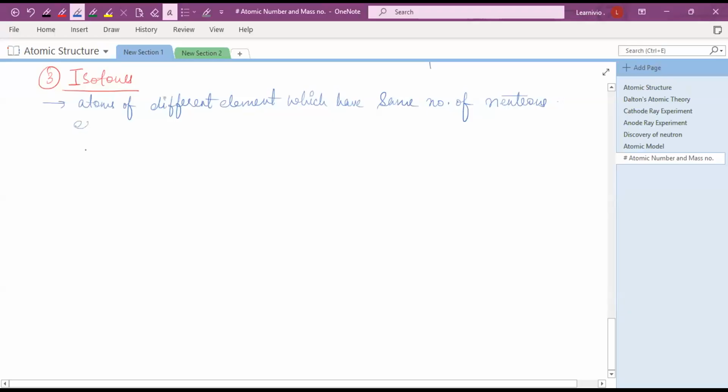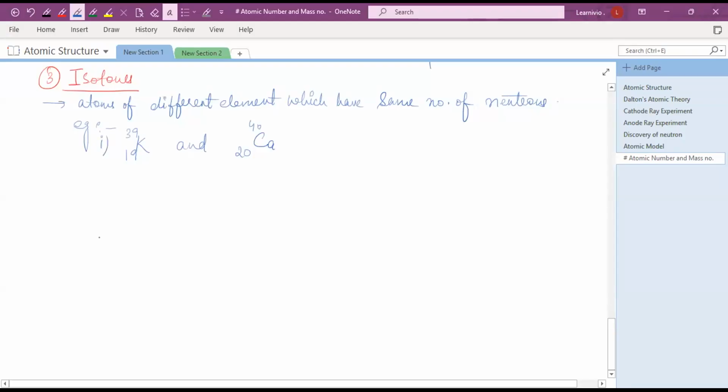For example, potassium K 19, and 39, and calcium 20, and its atomic weight is 40. So if you just calculate the number of neutrons, you will find that the number of neutrons for both these are the same, right? Means that these two are isotones with each other.